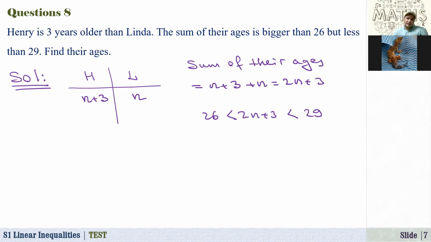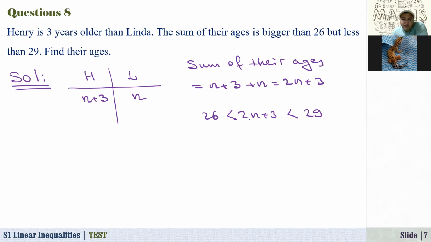So we have to find their ages. Again, by applying algebraic operations, we can transform this into another inequality where we have a single n in the middle. First, I have to remove this 3.